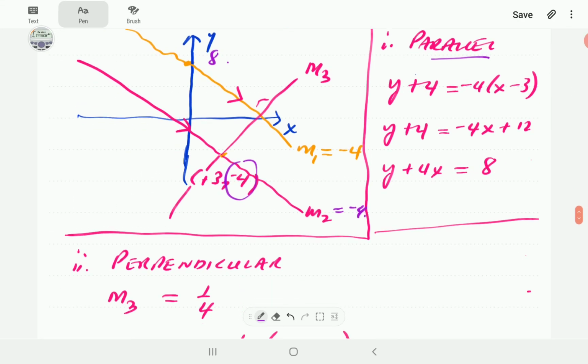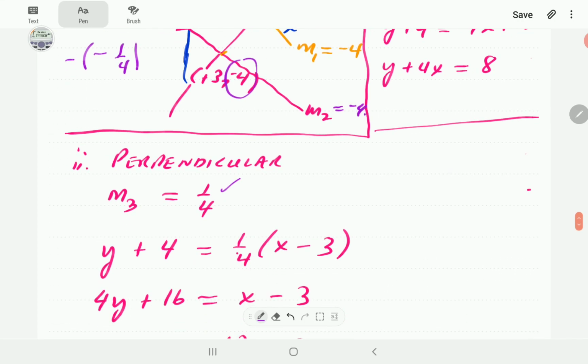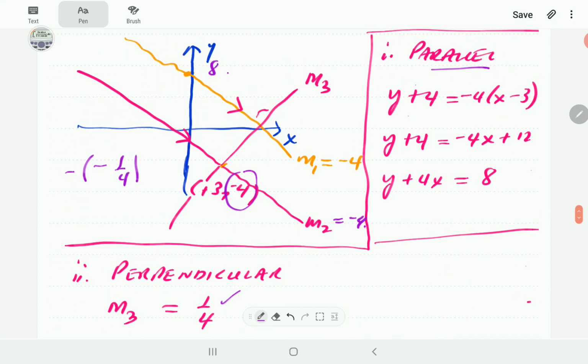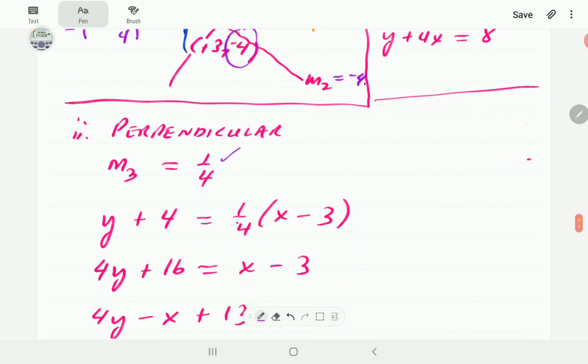Then for the perpendicular line, its gradient is going to be the negative reciprocal of this. So if we do the reciprocal first, and then we multiply this by negative 1, then we just have 1 over 4. And then we're going to do the same equation as this one. This is now going to be 1 over 4, like we do here.